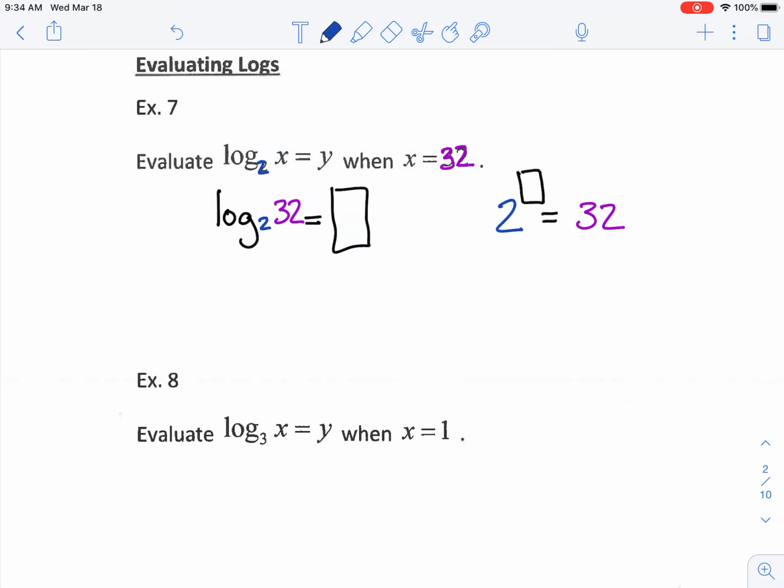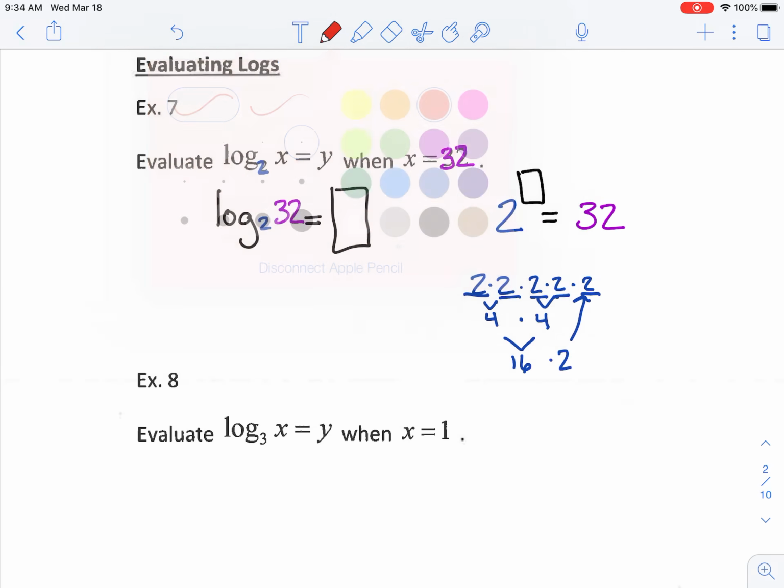So now what I'm going to start to do is I'm going to start to write 2 out. 2 times 2 is 4, times 2, times 2. That's 4 again. These make 16. And I know that 16 times 2 makes 32. So this is 1, 2, 3, 4, 5 of them. I need 5 2's.